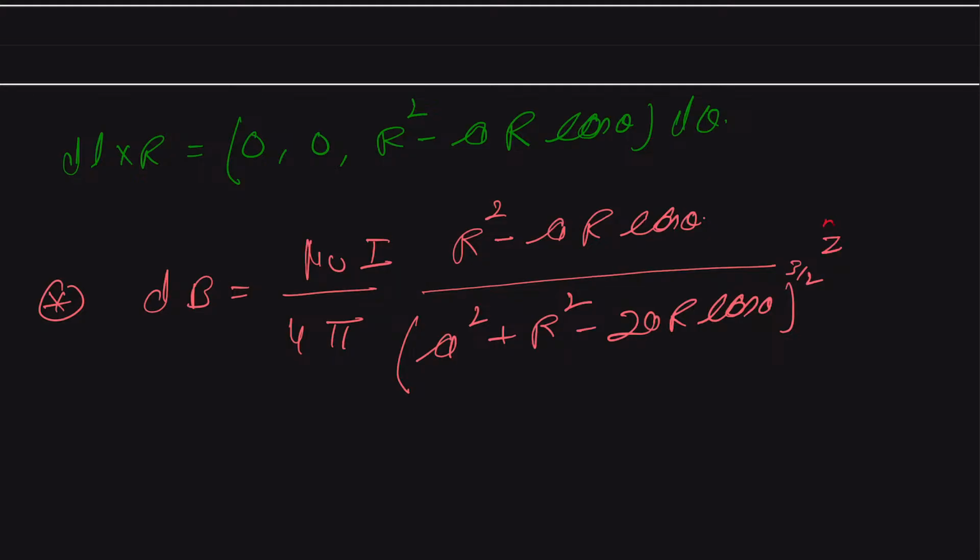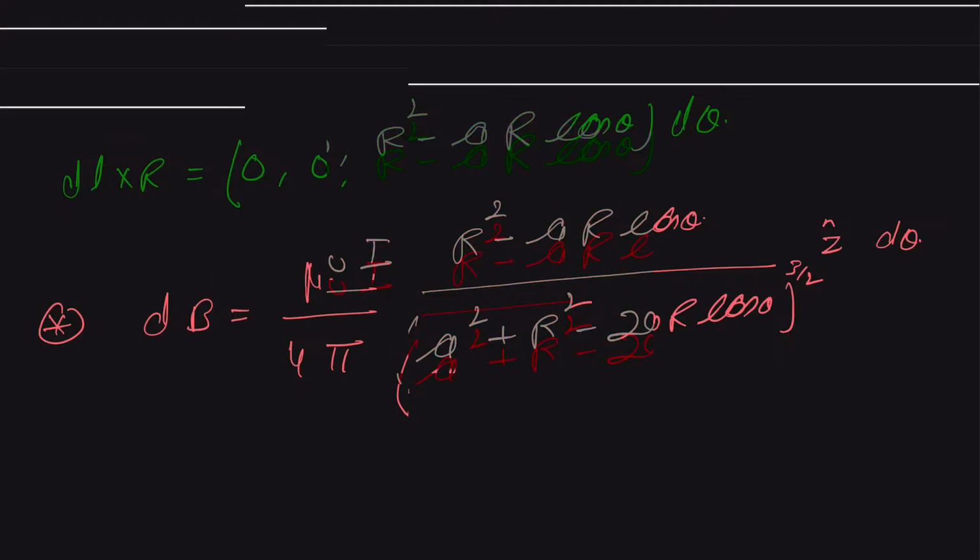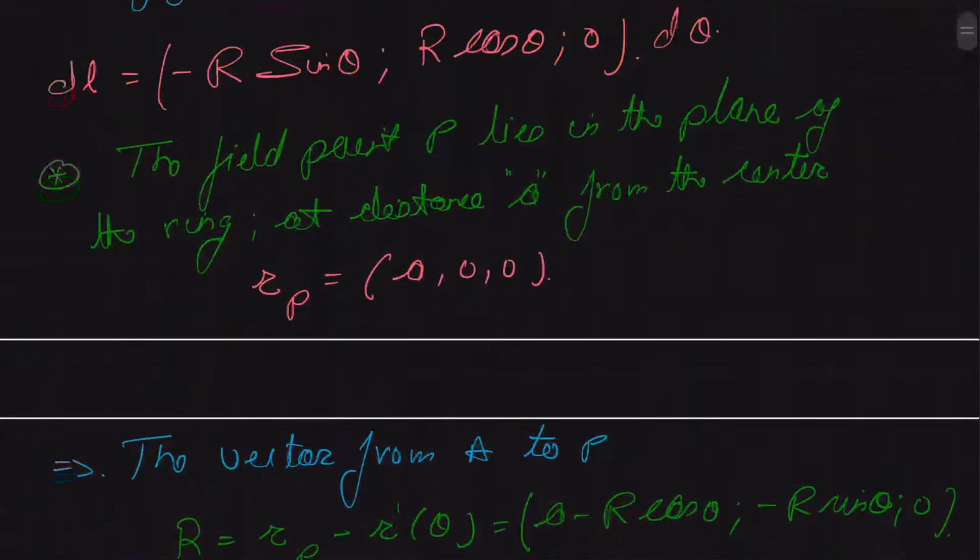Only the z unit vector direction is going to survive; x and y components both will be equal to 0. So this is our value of the magnetic field. I think this is what is required, or we have to solve further.